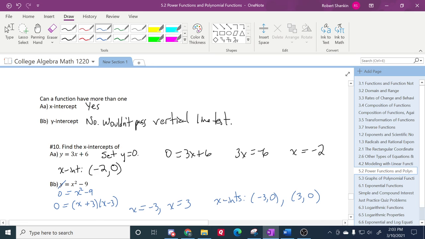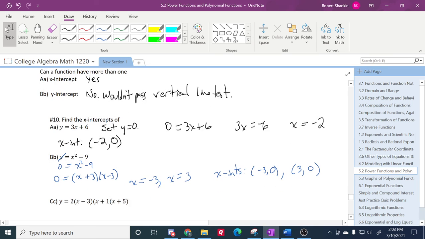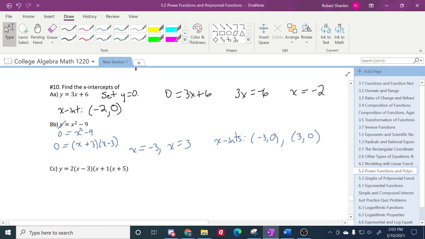Alright, now, I might have looked at this and said, oh, it's obvious, x is 3. And I'd have missed the negative 3. So that's why doing this process can be helpful and make sure that you don't overlook something. And, oops, I missed a parenthesis here.